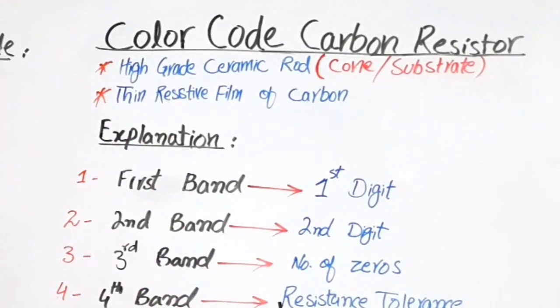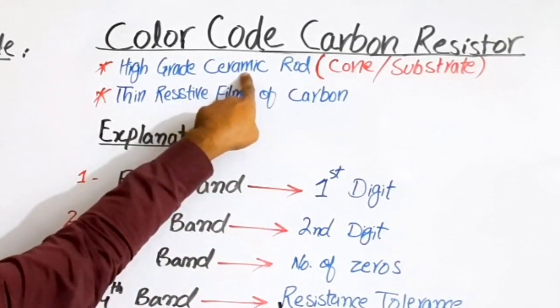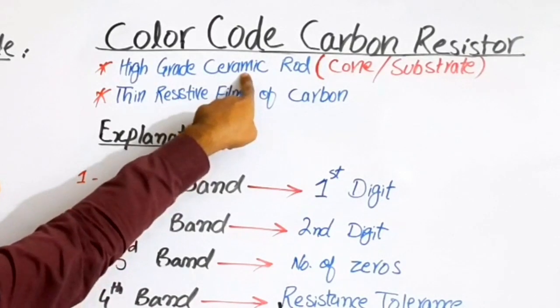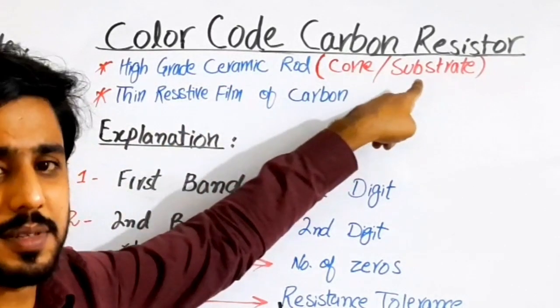We know physics is about why and how. So why is a ceramic rod used? The ceramic rod is used because it is strong and hardens even at high temperature, and it is also known as a core or substrate.